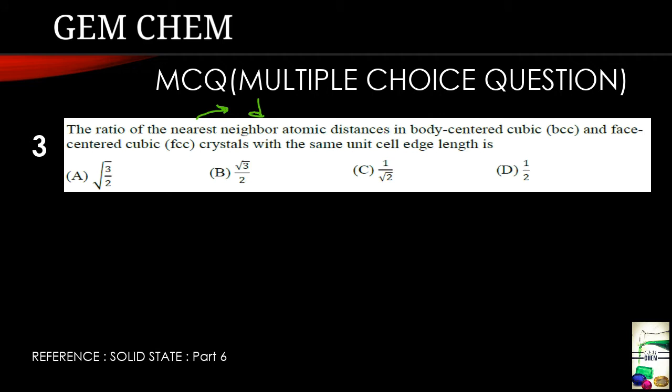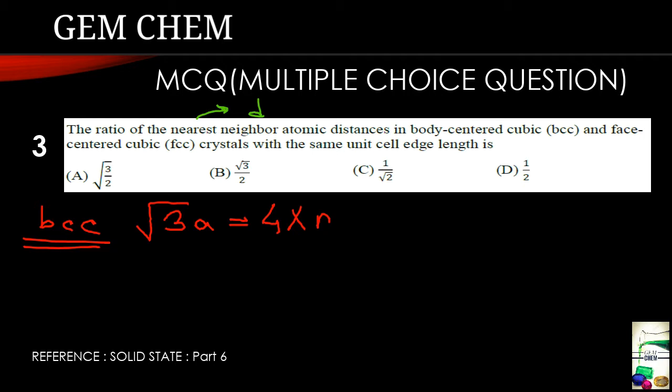We know for BCC, we have already seen in solid state part 6 that for BCC, the body diagonal, which is root 3a, is equal to 4 into the radius of the molecules constituting the unit cell or the lattice points, right?